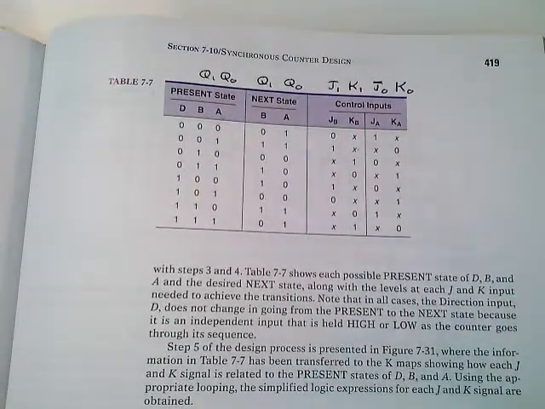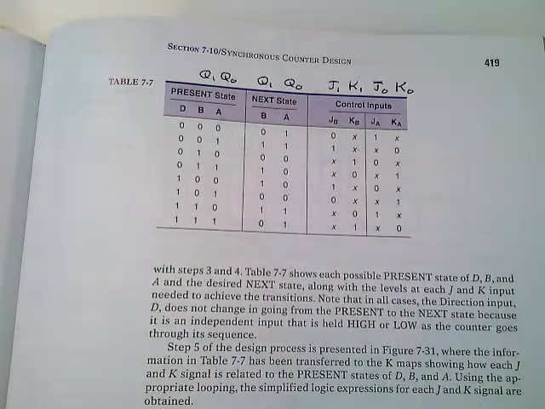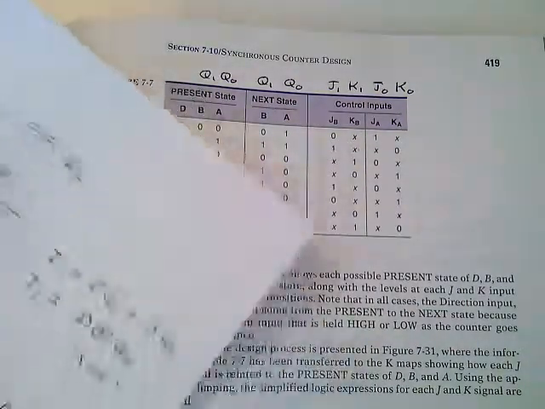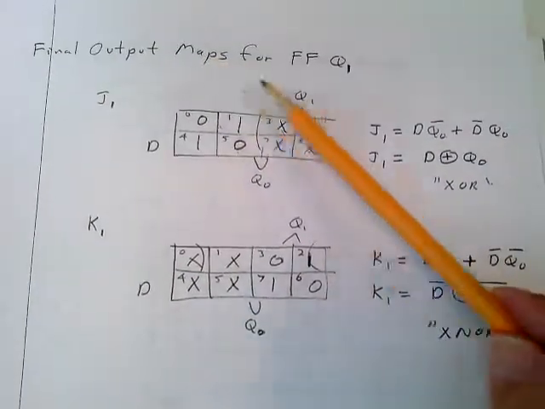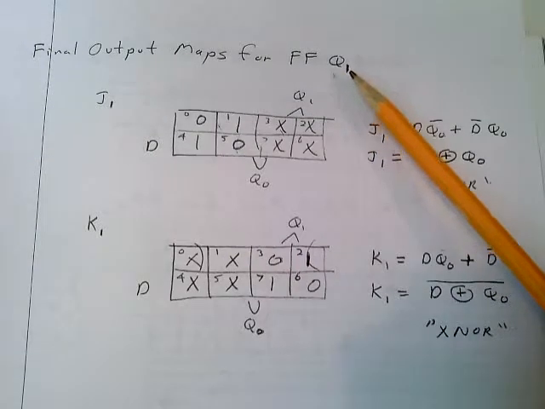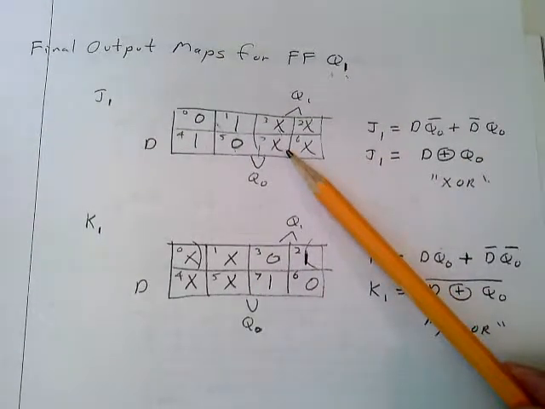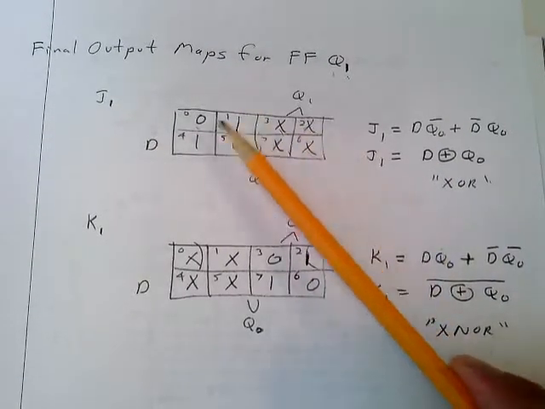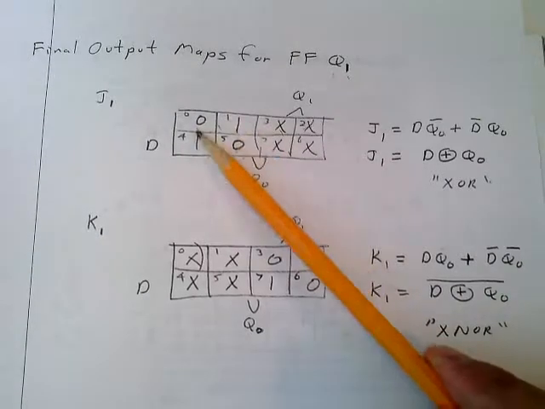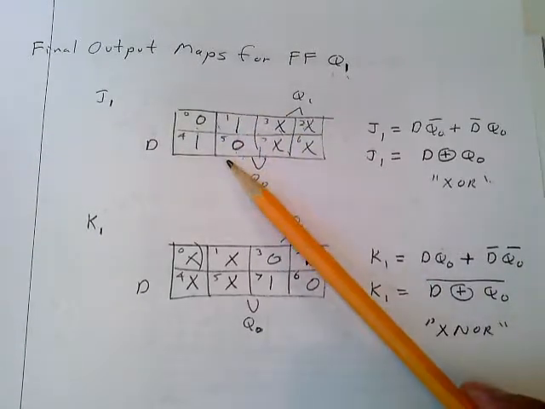But if you go through and you form your output expressions, and I did that for you, I want you to notice here that for the final output maps for flip-flop Q1, I simply go to my present state to next state table for the states that I need, and I put in the corresponding values.